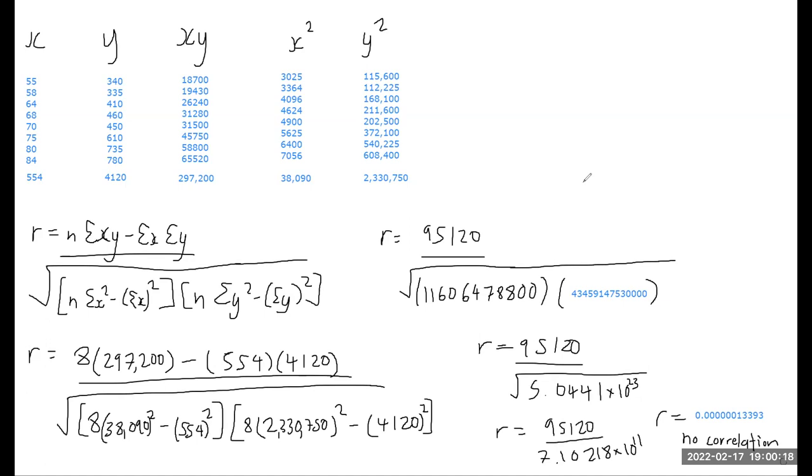If R was 0.4, hold on. Isn't there anything below 0.3? Yeah, you're correct. 0.4. All right, nice.